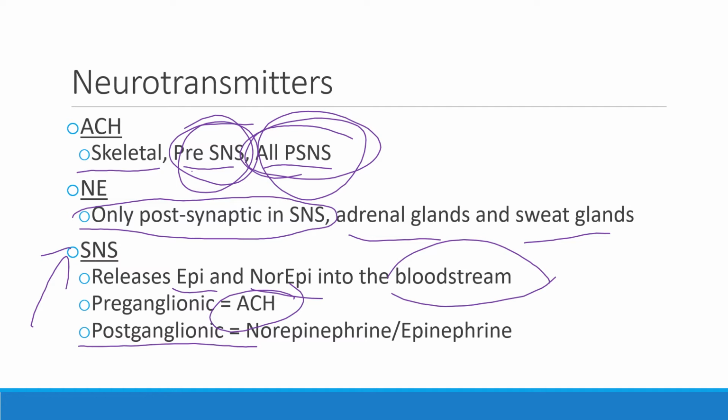Postganglionic is epinephrine and norepinephrine released, and that's to give you that fight or flight response. It's to dilate the pupils, increase the heart rate, increase the blood pressure, and dilate the bronchi. It's to help you cope with that stress situation.